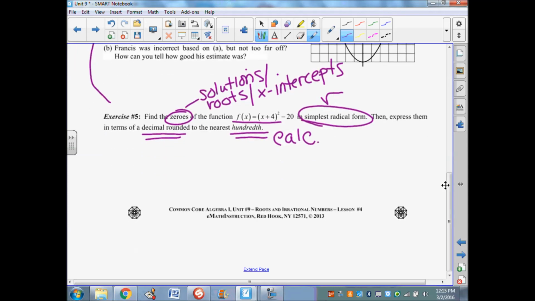So if my function f of x is x plus 4 squared minus 20, in order to solve a quadratic, when we solve it, where it crosses the x-axis, my y, or my f of x, is 0.